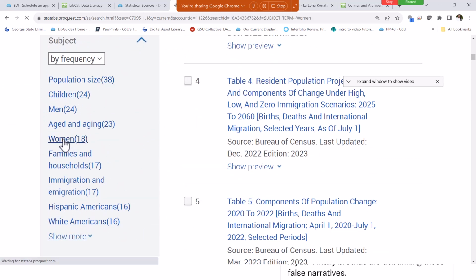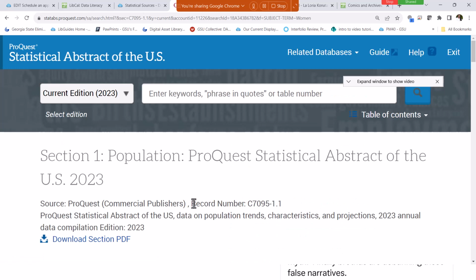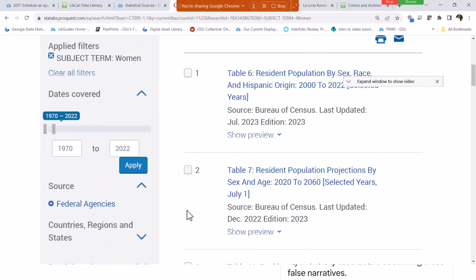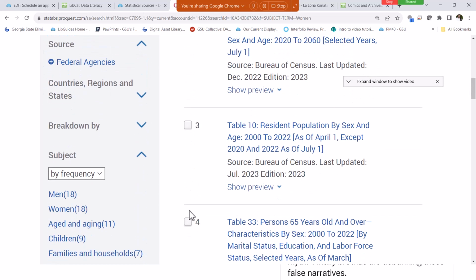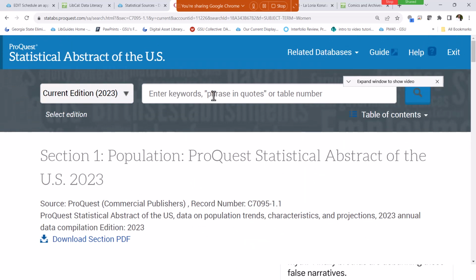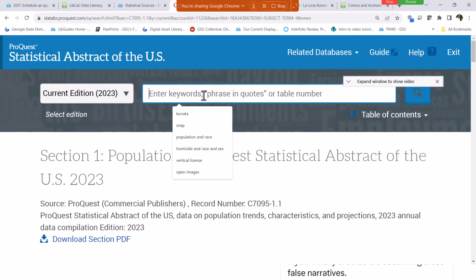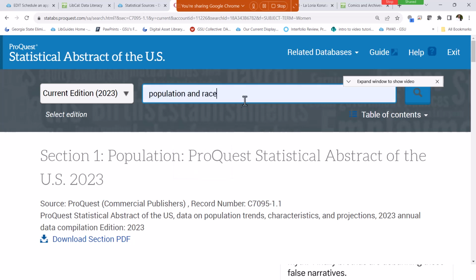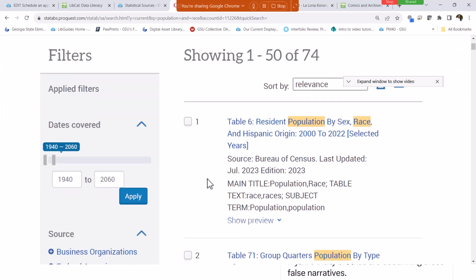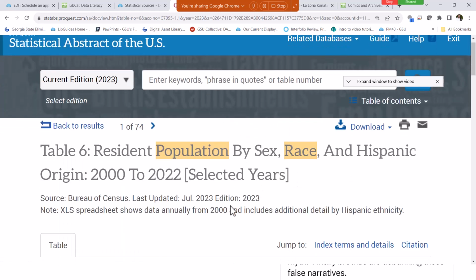We could look at women there, and we could just go through those tables. I'm going to just search, let's say, population and race. Some of the same tables came up.